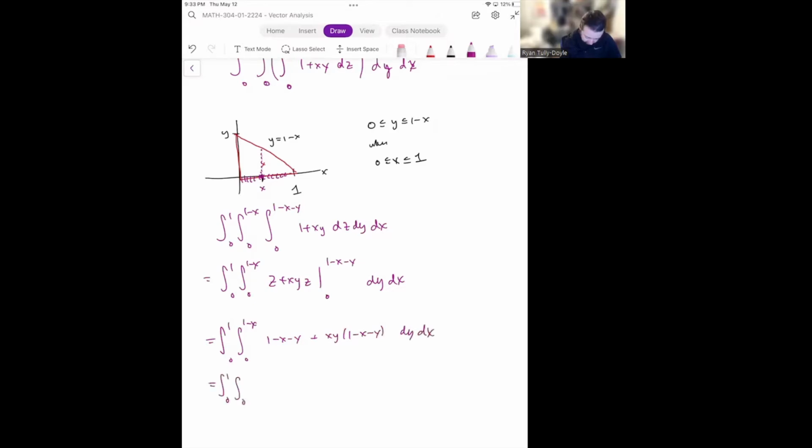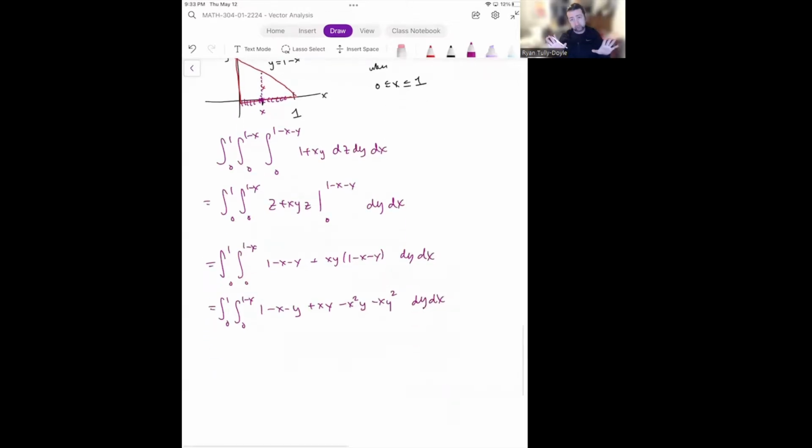As we continue here, 1 minus x minus y plus xy minus x squared y minus xy squared dy dx. Notice no z's are left in the equation once we've completed the dz portion of the integral.